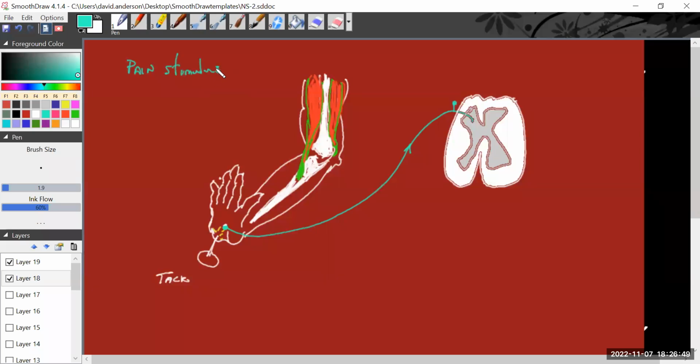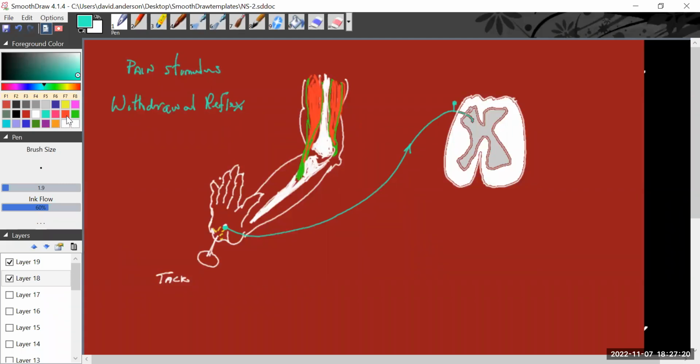And a pain stimulus is going to cause what we hope will be a withdrawal reflex. So it's another example of a spinal reflex. So we know that it's going to be basic or primitive. We know that it's predictable, and we should be able to reproduce it. So when we call it a withdrawal reflex, what do you think the goal is going to be? To pull away your hand.